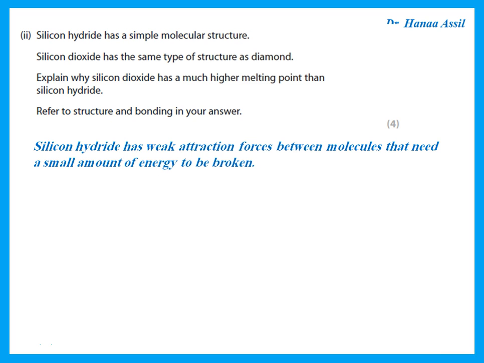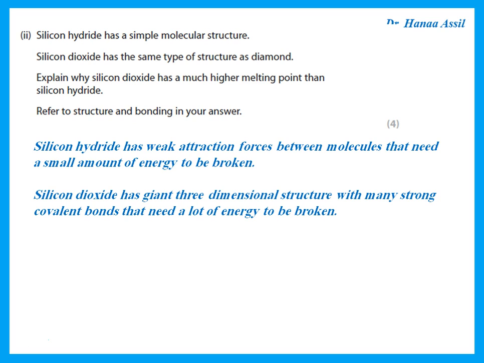You should know that any simple molecular structure has weak attraction forces between molecules, and that needs a small amount of energy to be broken. So anything that has simple molecular structure will have low melting point, weak attraction forces between molecules that need a small amount of energy to be broken. While silicon dioxide is like diamond.